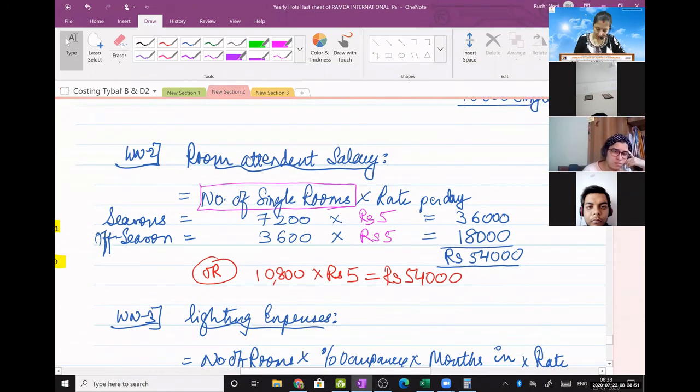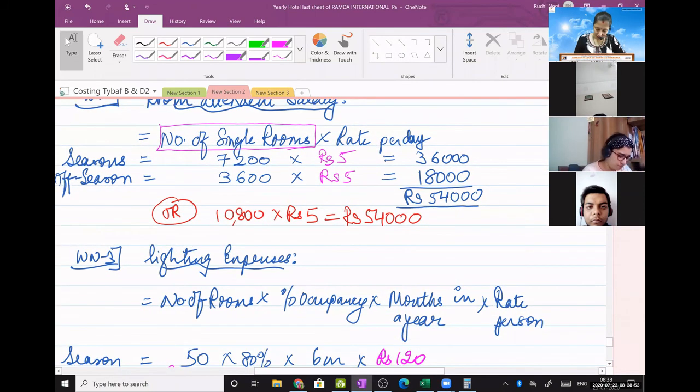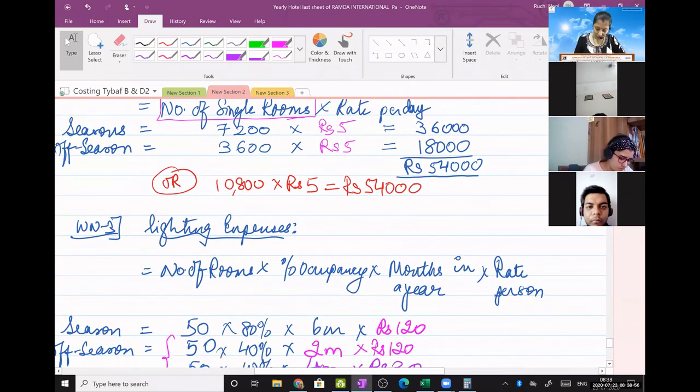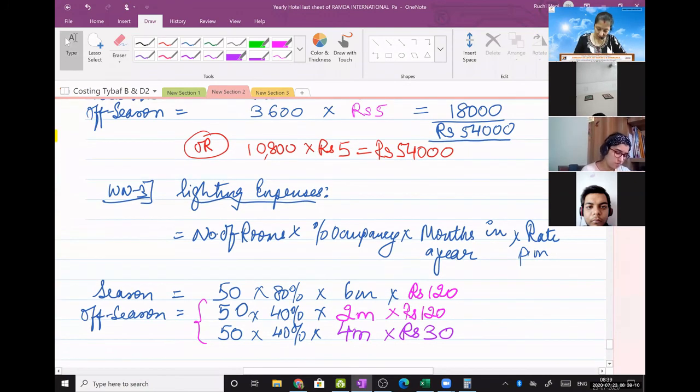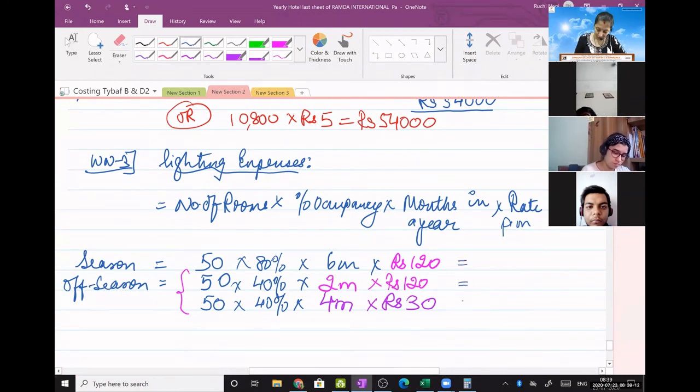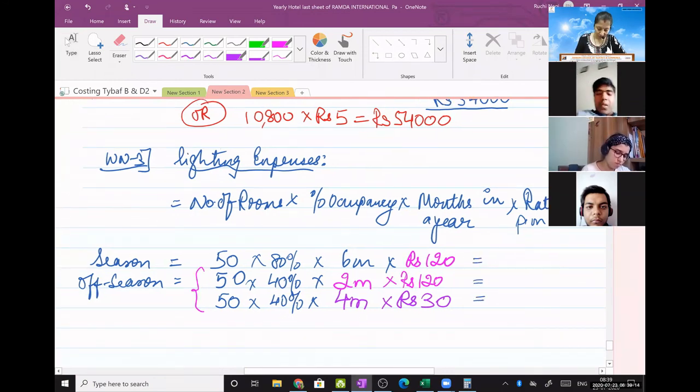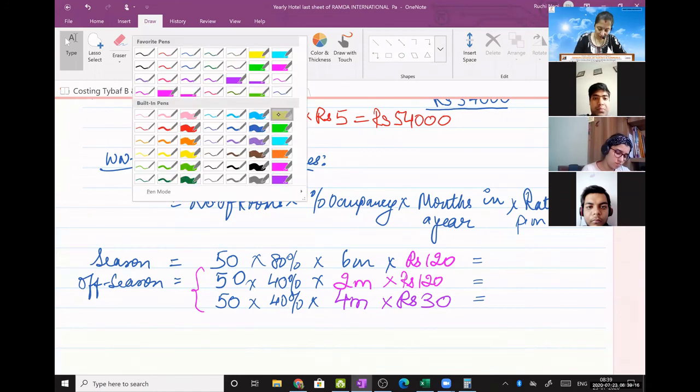Next, lighting expenses. It is on a monthly basis. So number of rooms into percentage occupancy into months in a year into rate per month. Okay, rate per month. So this is the calculation. What did they say?